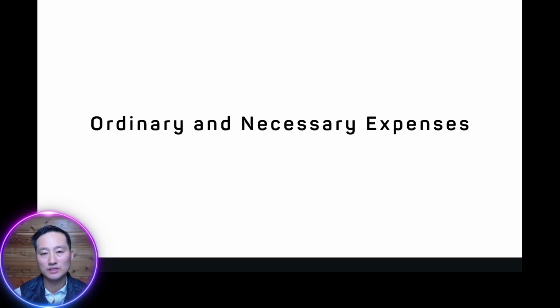These are two terms you're going to hear over and over again throughout your work life related to tax. To qualify, the expenses must be ordinary and necessary. Ordinary means they're common in your industry, and necessary means helpful for your business. These expenses need to be related to your moonlighting work.